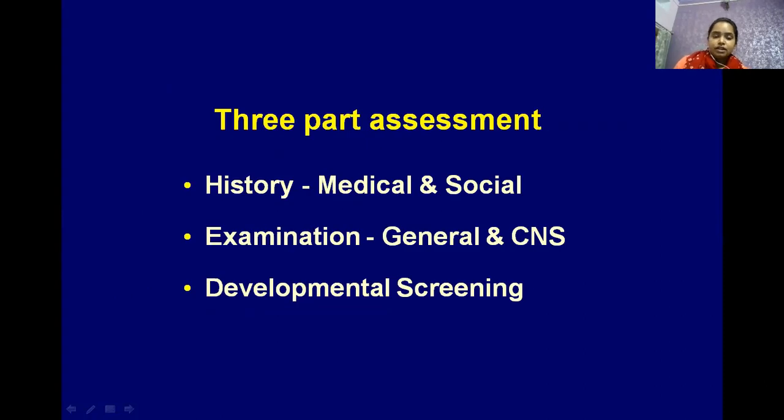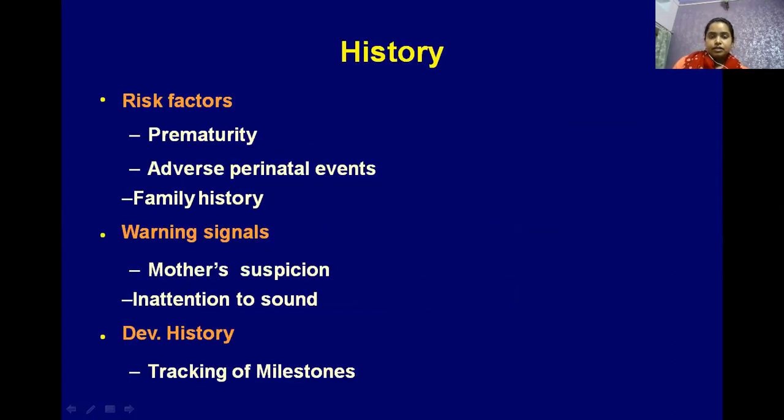There are 3 parts of assessment. First is history, medical and social history has to be taken; second, examination, general and CNS examination; and third, developmental screening. So what is the history? First of all, risk factors, meaning whether the child's delivery was premature or mature, perinatal events and family history.